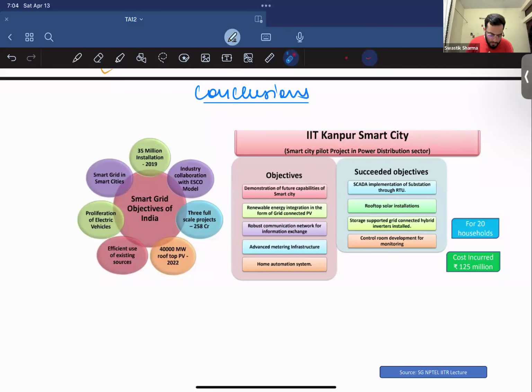So what really happened? India wants smart grids to evolve. For that, they want smart grids in smart cities, so they have established smart cities, right? The place where I come from, Jammu, is also a smart city. And they have implemented smart meters at all of our homes.